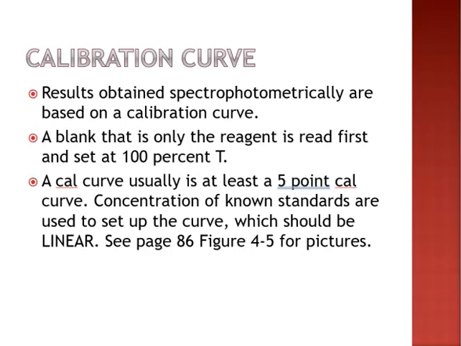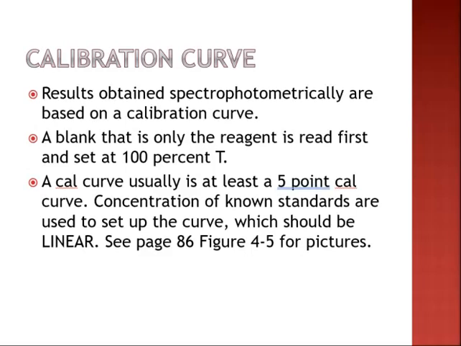You run it first, and it's set at 100% transmittance. The calibration curve is usually at least 5 calibration points, and the concentrations are made up of known standards that are used to set up the curve, and it should be in a linear pattern.